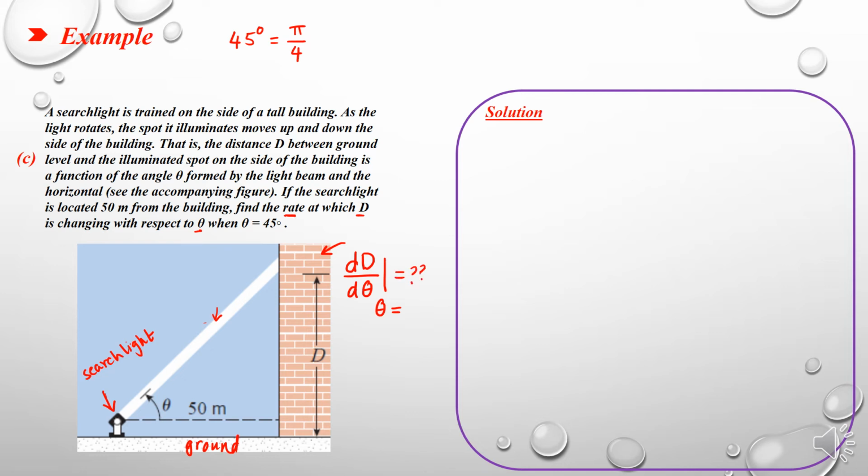First you have to make a formula between d and theta. As you see, this is a right triangle and d is the opposite side with respect to angle theta, and 50 here, which is the distance between the building and the searchlight, is the adjacent.